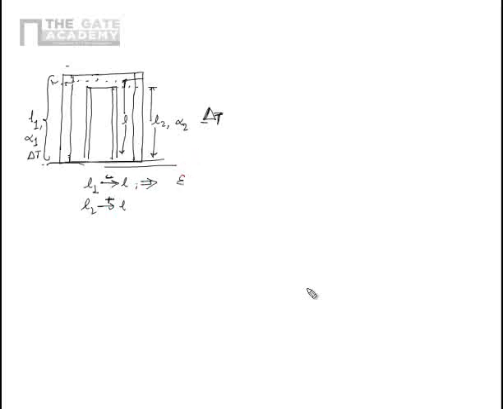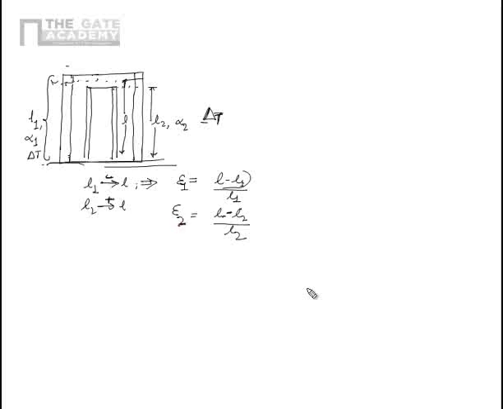That there's a strain epsilon 1, which is the change of length, L minus L1, divided by the original length L1. While in case of L2, there's a strain which is the change of length, L minus L2, over L2. Obviously, this is a negative quantity because L is smaller than L1. This is a positive quantity. So this strain is negative or compressive. This is tensile. This is epsilon 2.